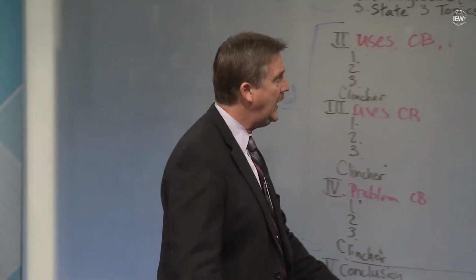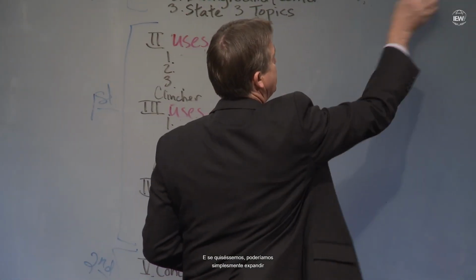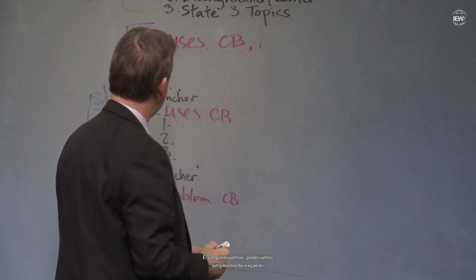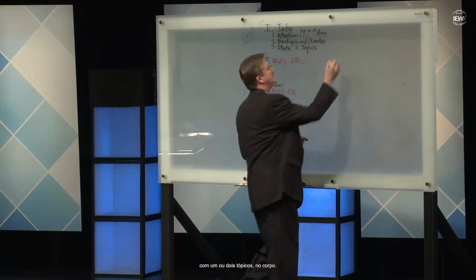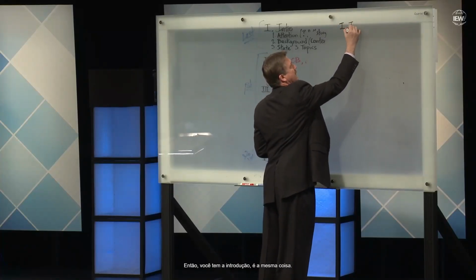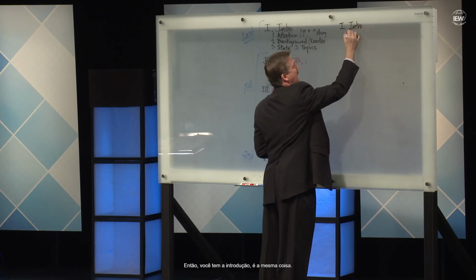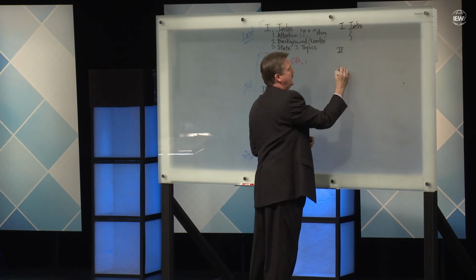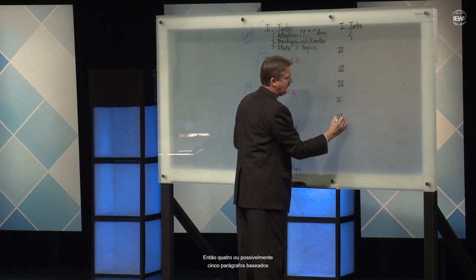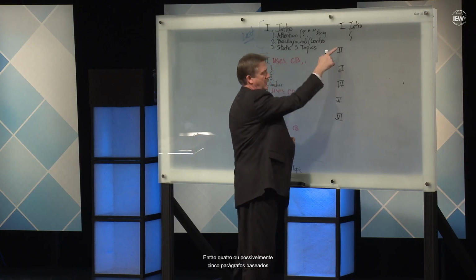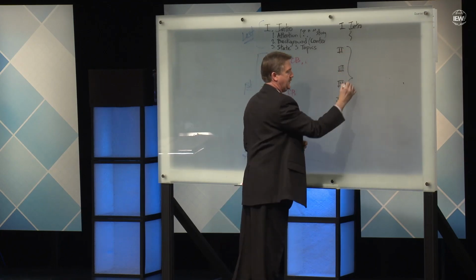But we have the basic essay with five, and if we wanted to, we could simply expand by one or two topics in the body. So you have the introduction, that's the same, then four or possibly even five topic-based paragraphs.